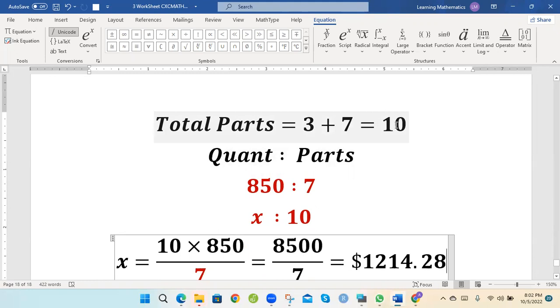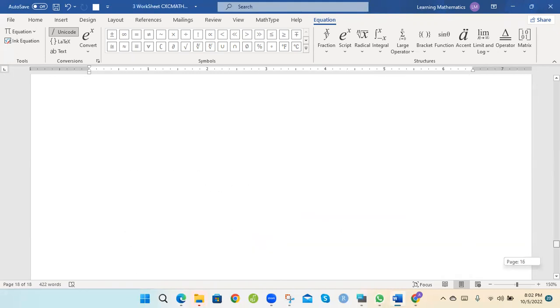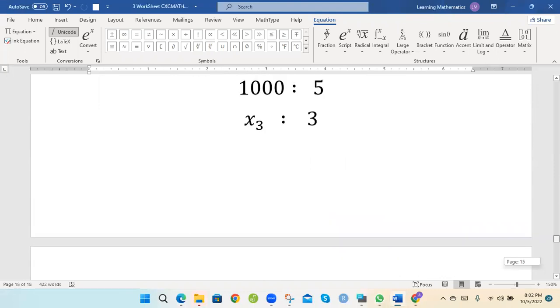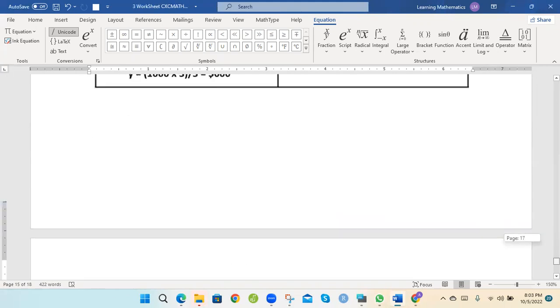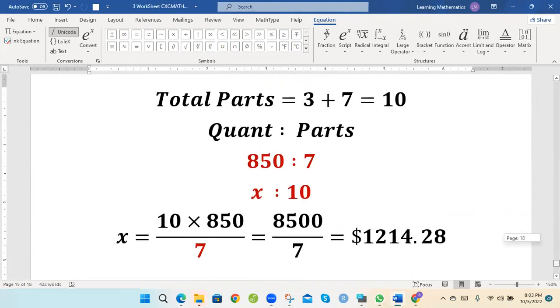And you always relate the total parts to the total quantity. So if you don't have the total quantity, you call it X. If you have the total quantity, you relate it to each other. But if you don't have the total quantity, you relate the total parts to X, and then you cross multiply and divide.